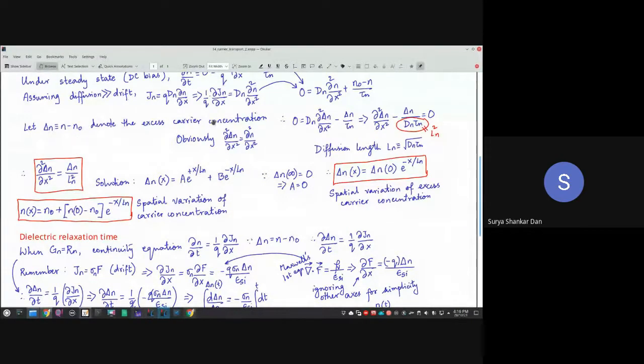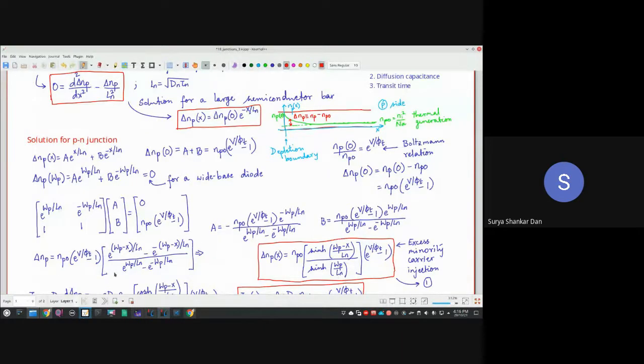It denotes the excess carrier concentration. So now you can understand why it is called a minority carrier concentration. So this is the excess minority carrier concentration. Okay. Now this is all in the P side. Everything is happening in the P side.